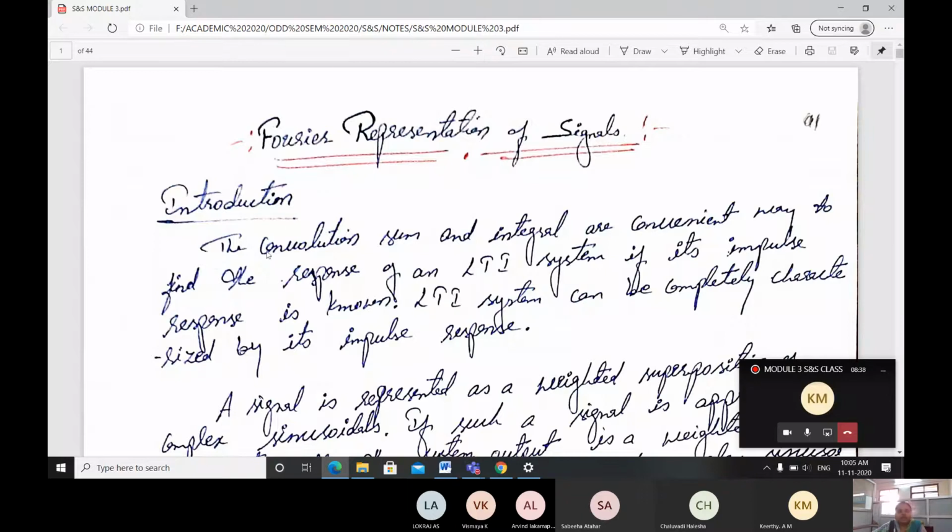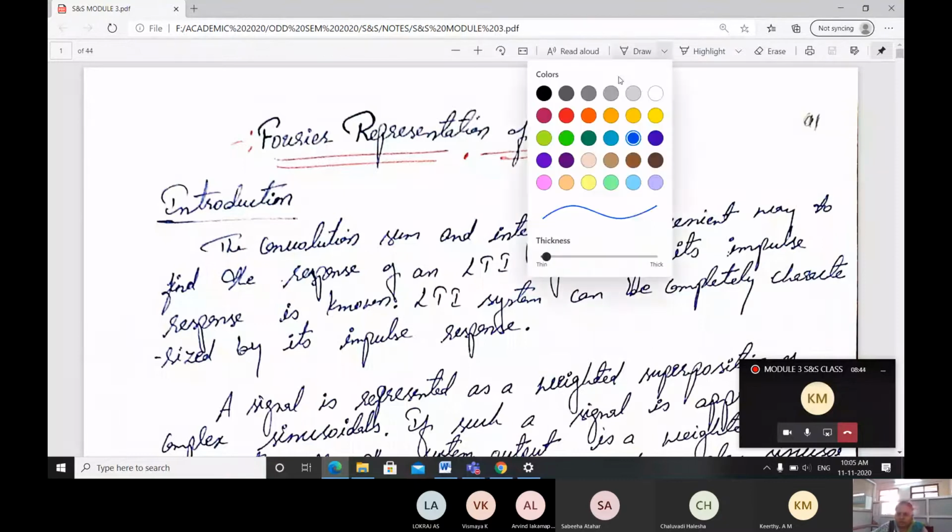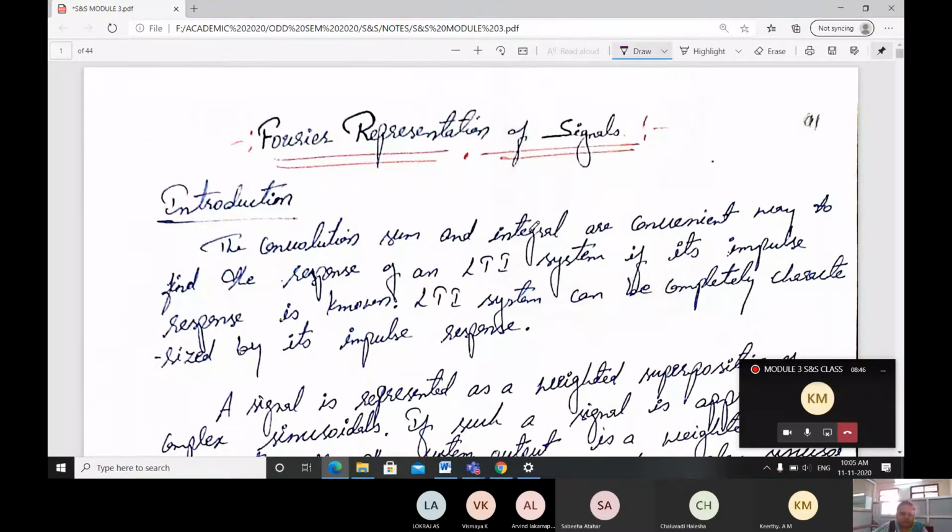representation. If we go for the introduction part, the convolution sum and integral are a convenient way to find the response of an LTI system if its impulse response is known.